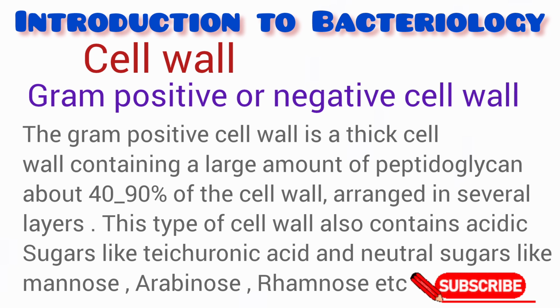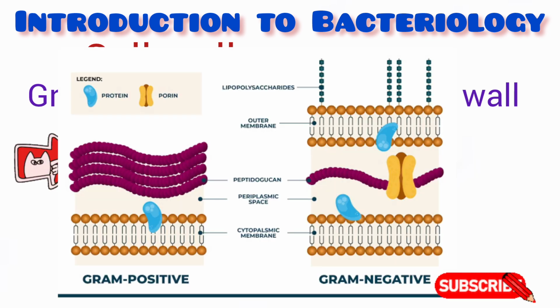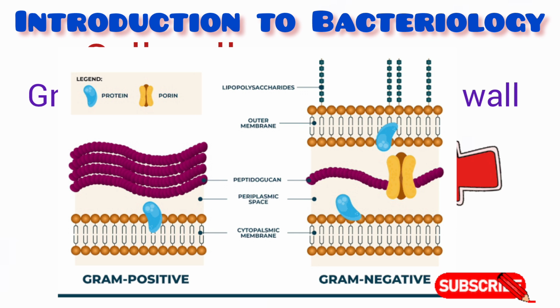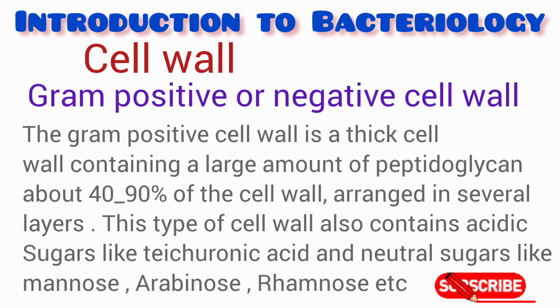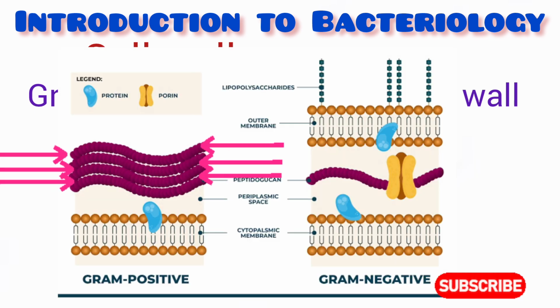The gram-positive cell wall is a thick cell wall containing large amounts of peptidoglycan, as you can see from the diagram being displayed, while the gram-negative bacteria contain far lesser amounts of peptidoglycan, as you can see from the diagram. The peptidoglycan is arranged in several layers, as you can see from the diagram, in the gram-positive bacteria.